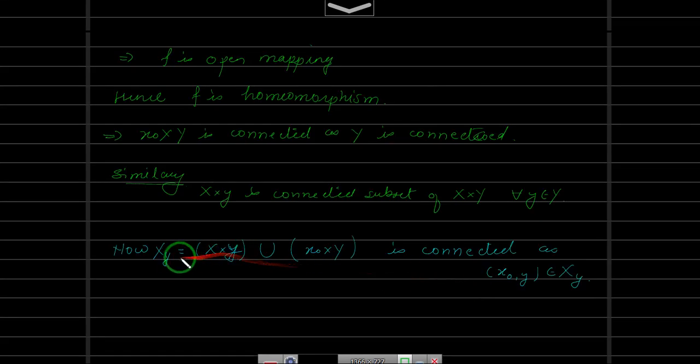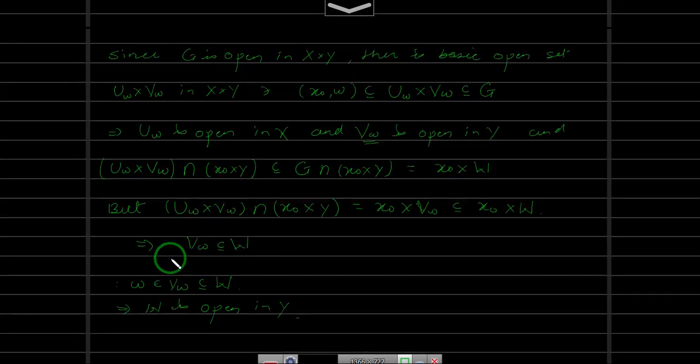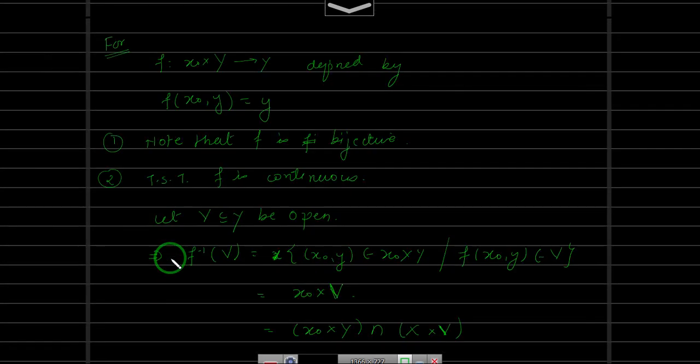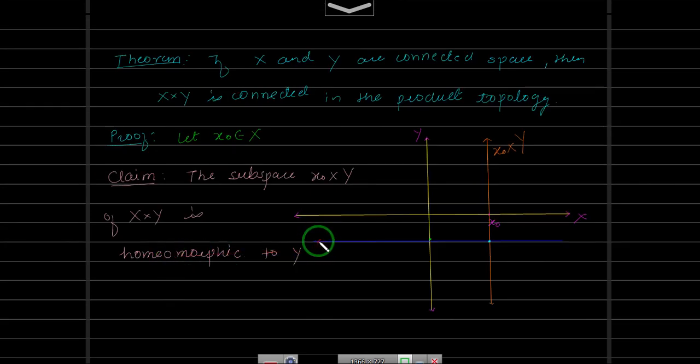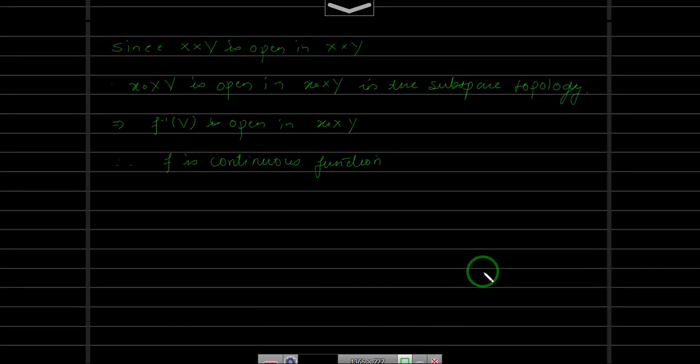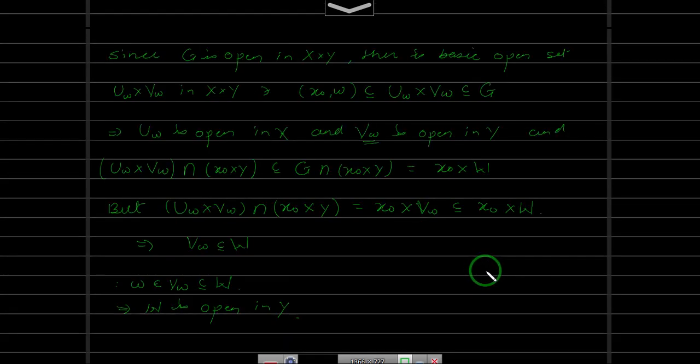We have taken X suffix y, which is precisely this line union with this line. If you change your y, it will be this line along with this line. So if you take the union of all those parallel lines which are parallel to x-axis, union with this, you will get precisely the whole space.